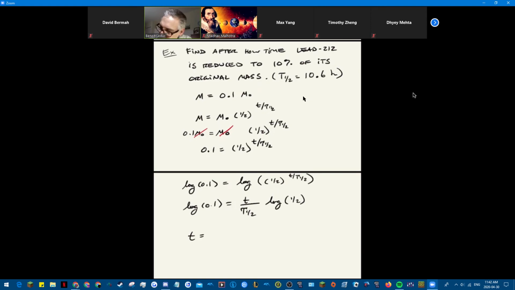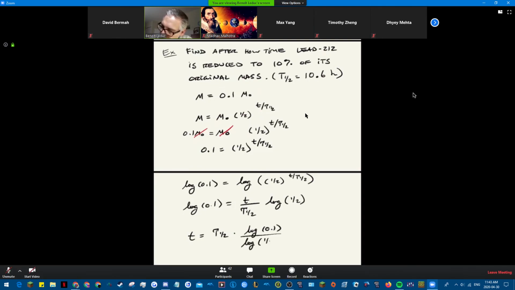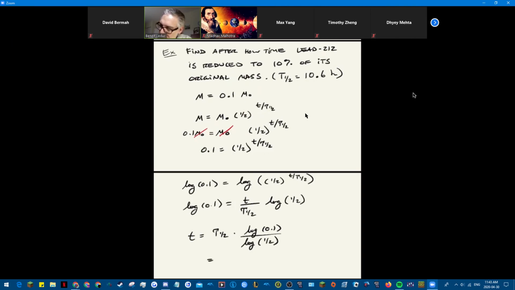If I isolate for all this here, I'll do this a little bit fast. So you bring the half-life right here, and it's going to be the log of 0.1 divided by the log of 1/2, times 10.6 hours. So log of 0.1 is -1, is it?